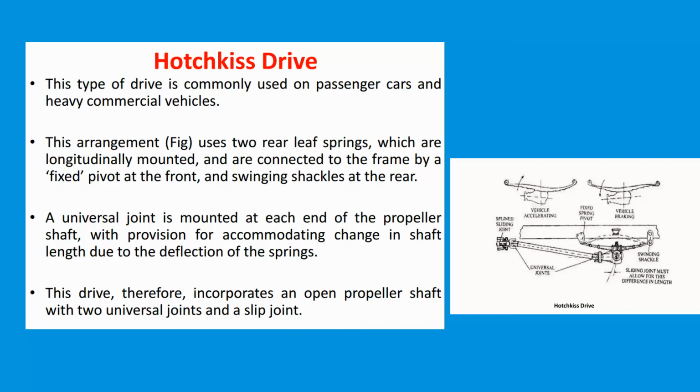Some installations use rubber mounts to isolate noise and vibration. This design was the main form of power transmission for most cars from the 1920s through the 1970s. As of 2016, it remains common in pickup trucks and sport utility vehicles.